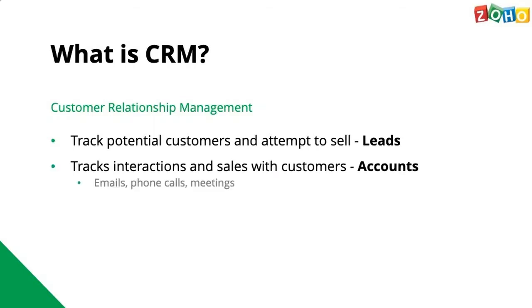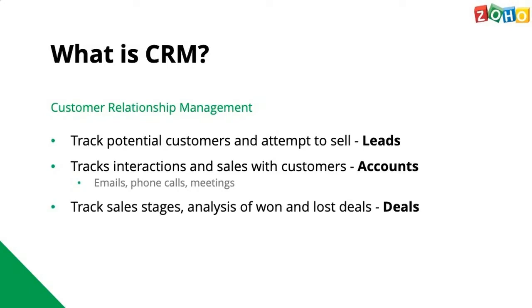Now, once you've actually converted a lead, they're called accounts in CRM. So that allows you to track those interactions and sales with this customer over a long period of time. So these types of communications include, of course, emails and phone calls, but also meetings, documents that you've exchanged between the two. I mean, really anything.